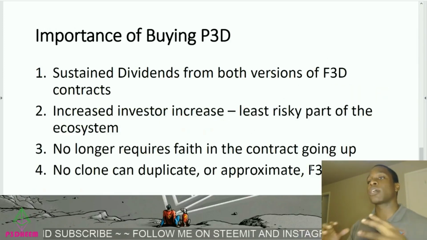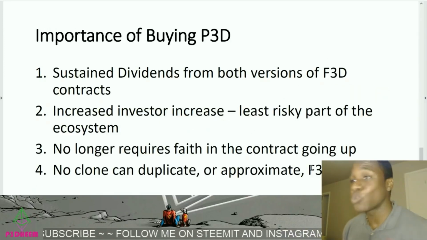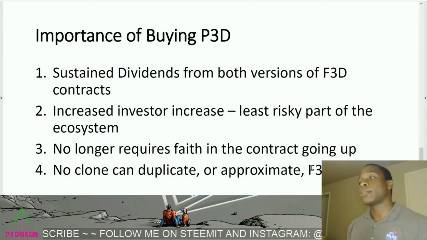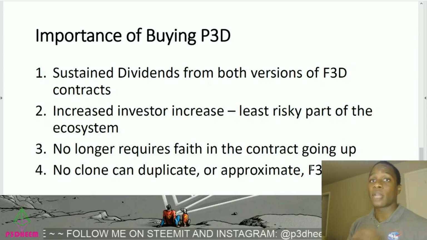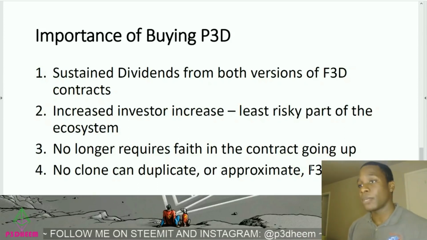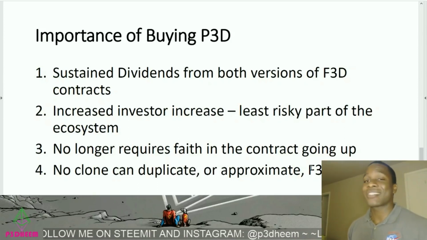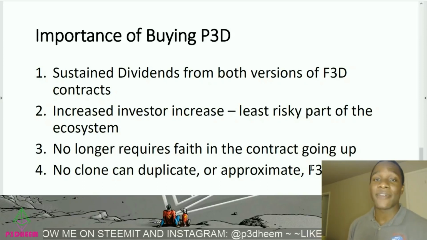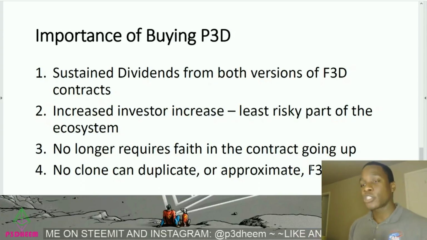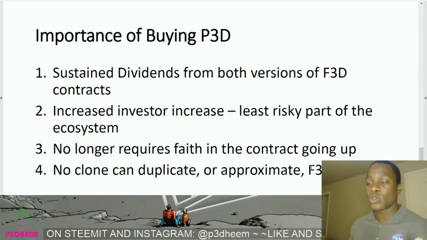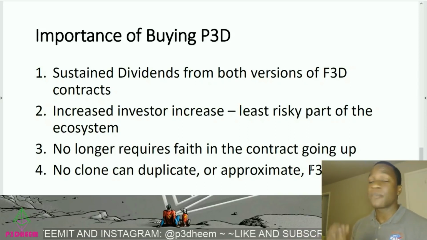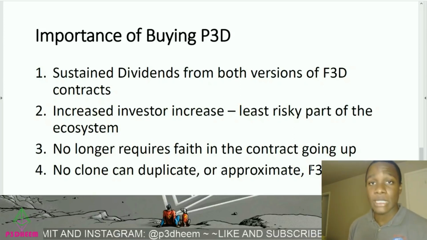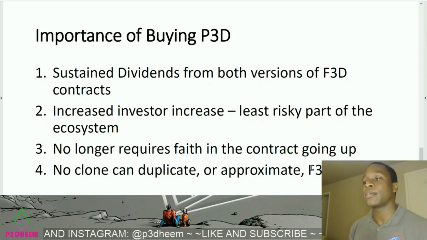Now, finally, I want to talk about why it's important to buy P3D. And this is all based upon the assumptions and all of the pros that I made about F3D before. So number one, you have sustained dividends from both versions of the F3D contract. From the long version, however many ETH it takes to maintain that 24-hour clock in a day is the bare minimum amount of volatility that you will see coming into P3D.